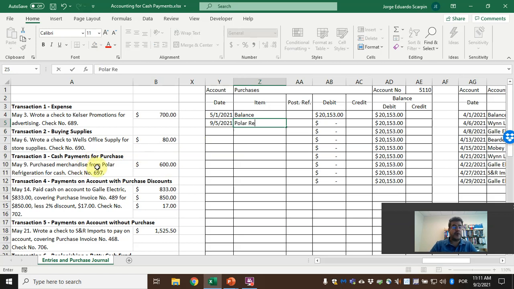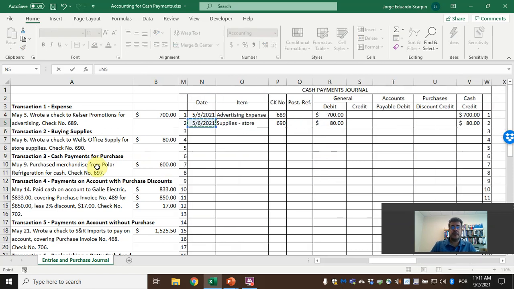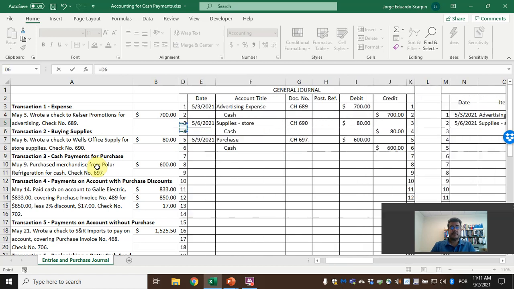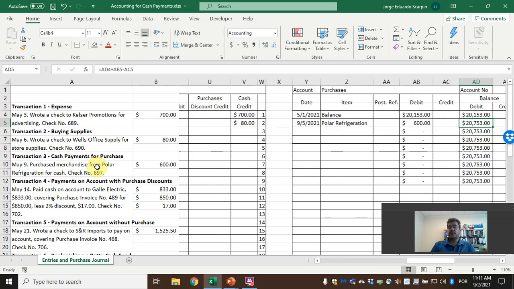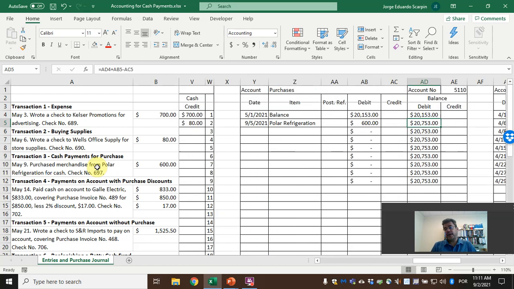Polar Refrigeration. And our debit here, purchase, $600. And the total debit of purchase is $20,753. Remember, the general ledger we have for all of our accounts.